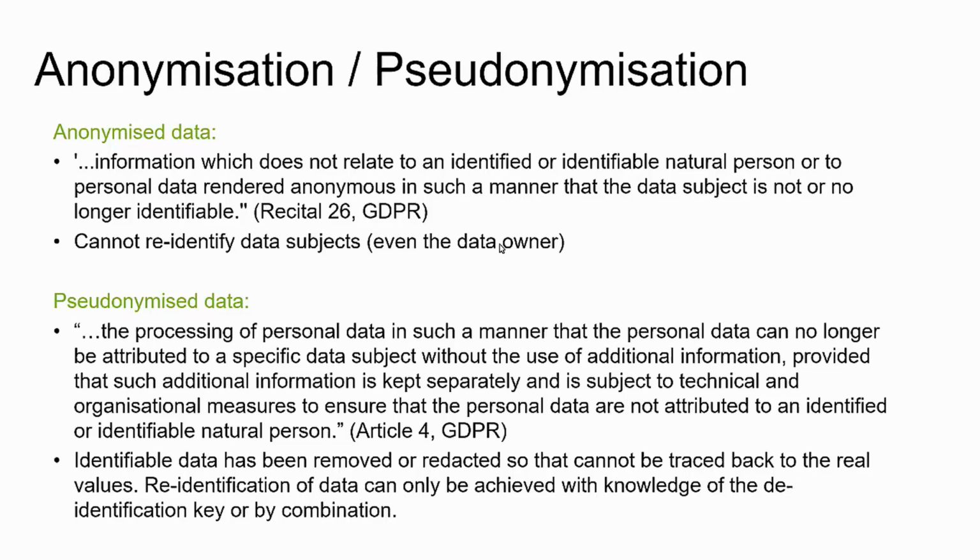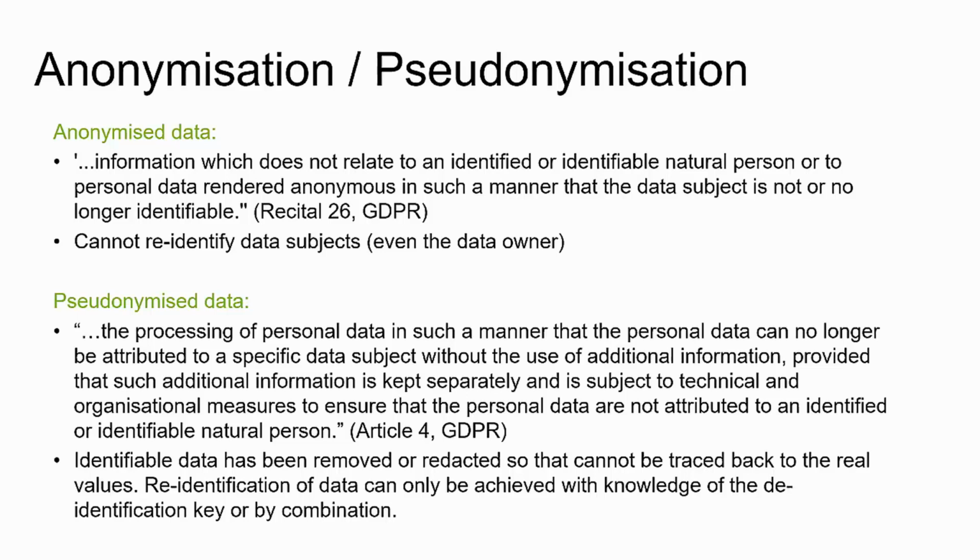So the data has been de-identified, the personal information has been removed and hopefully kept secure and encrypted. And so all the identifiable data has been removed or redacted, and this cannot be traced back to the real values.